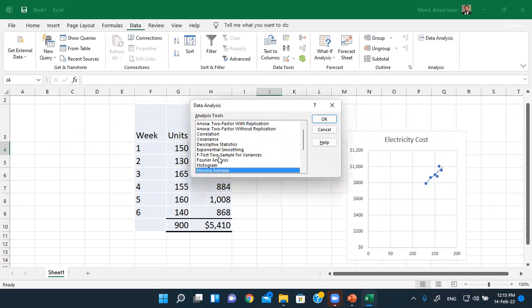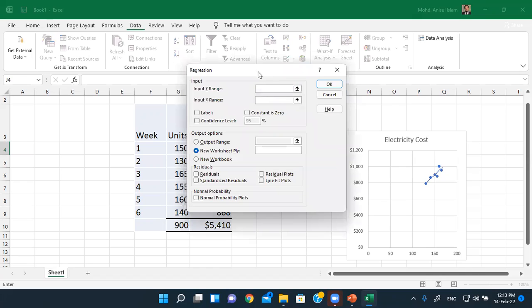You have learned it from your statistics. If you do not know, you can ask me how to find it if it is not available. Obviously, your friends will also be helpful. So in the Data Analysis, we find the Regression.